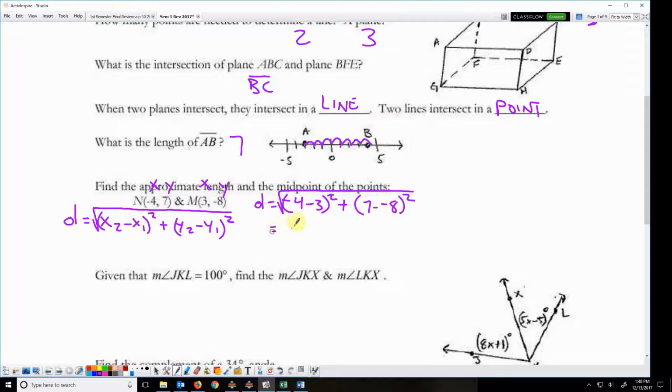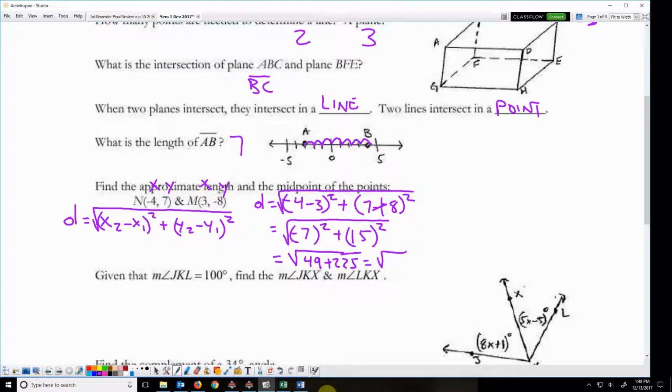So negative 4 minus 3 is negative 7. 7 minus negative 8, minus negative means plus, so that's 15. Negative 7 squared is 49. 15 squared is 225.